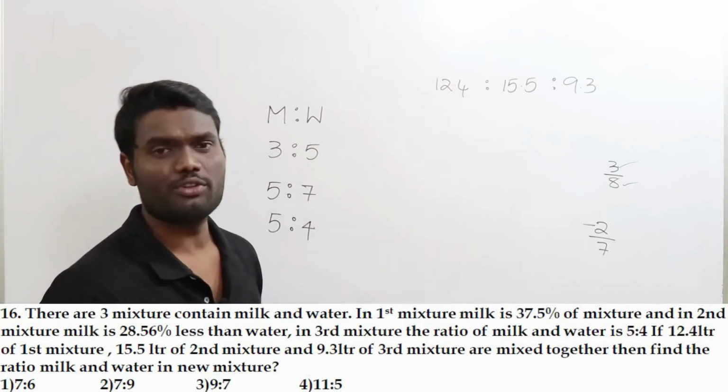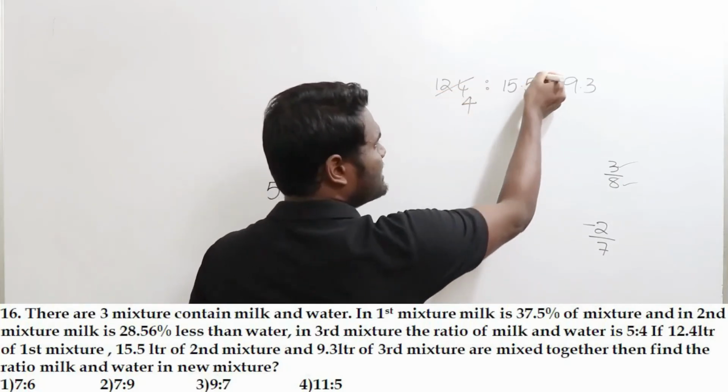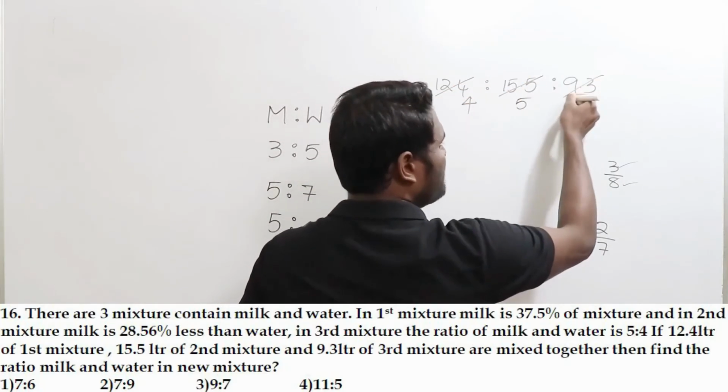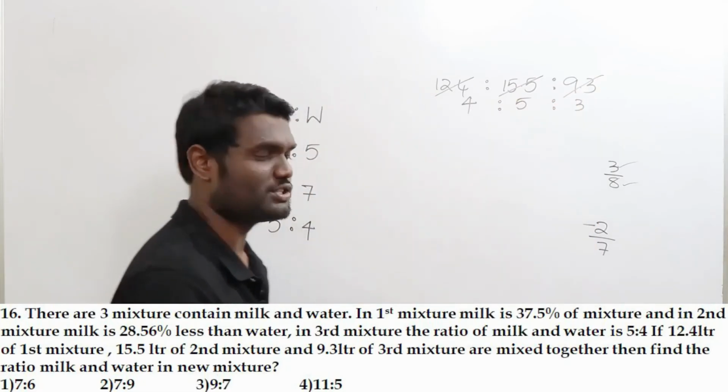Now calculate the ratio of the quantities that were taken. 3.1 goes here 4 times, 3.1 goes here 5 times, 3.1 goes here 3 times, which means they were mixed in the ratio 4:5:3.